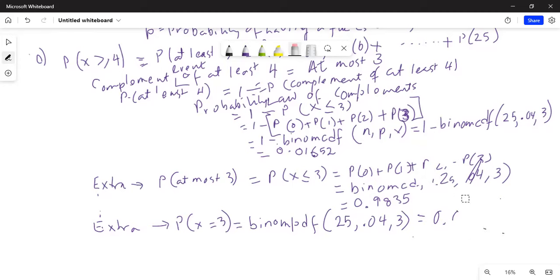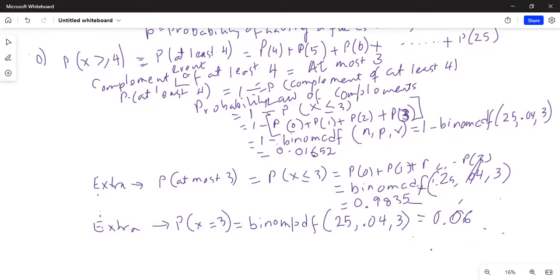Okay, so this is 0.06. Okay, and this is binomial cdf.